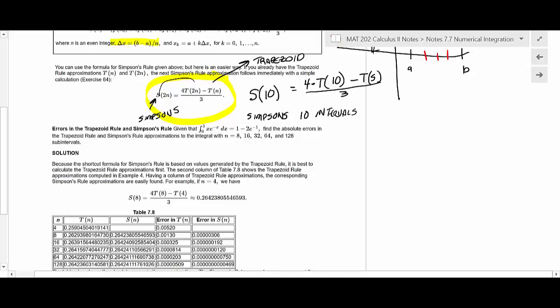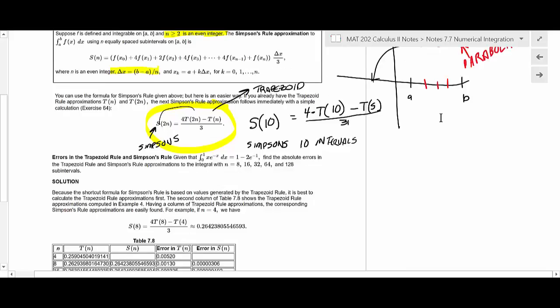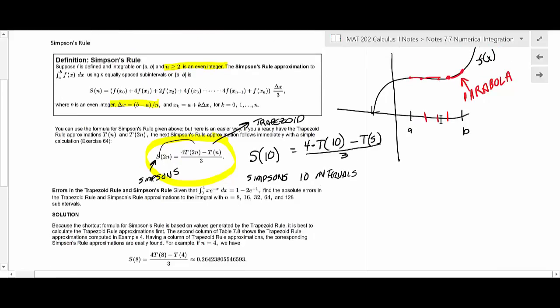That over 3 has a lot to do with the fact that when you're doing Simpson's rule, and I didn't get very technical on Simpson's rule, I just showed you the formula, generally you're making a parabola, and it's based around 3 points on that parabola where the derivation of that formula comes from. So the idea is you can get a Simpson's rule approximation if you already have a trapezoid approximation.